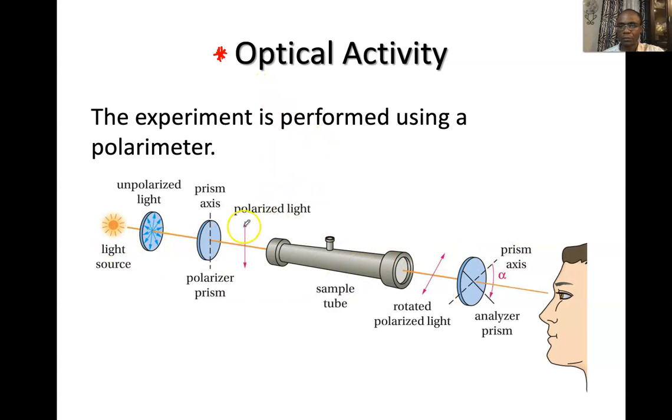You don't need to worry about how the polarimeter is used, because this is a virtual class. If it were face-to-face, I would have explained it well using the instrument. So don't worry about optical activity, the polarimeter, and the specific rotation stuff.